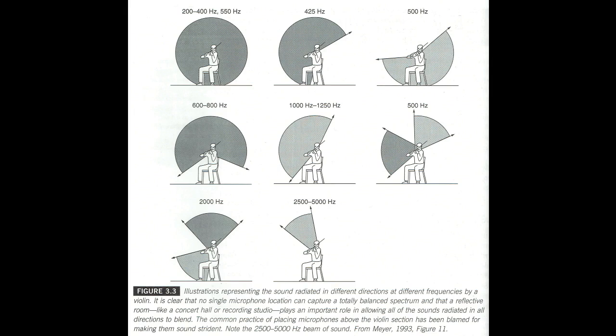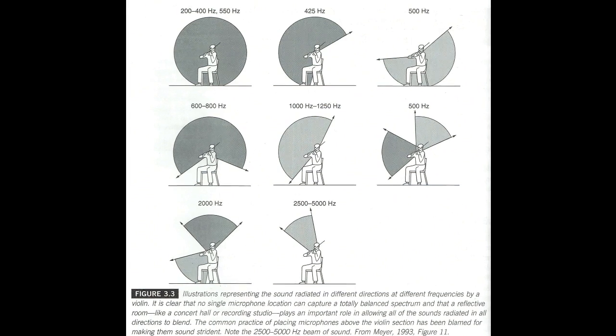It reflects back off, a small tiny bit is absorbed, and that sound doesn't make it over to your opposing ear. So the size of the sound wave is a key fundamental factor in how sound is radiated. And this graphic shows you that for a violinist, the low frequencies, 200 to 400 hertz, and it says 550, are omnidirectional.